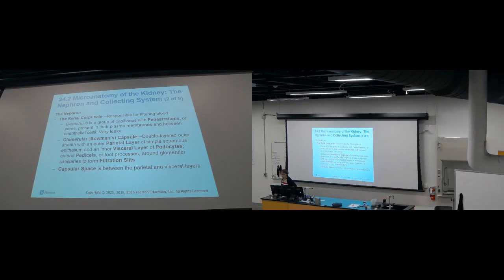Details about the corpuscle. So again, the capillaries that form the glomerulus come from this afferent arteriole or arriving. And these capillaries have fenestrations, have pores so that you can filtrate the plasma. And then they are very leaky.